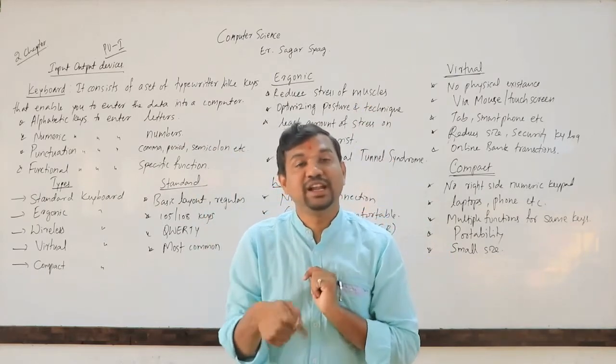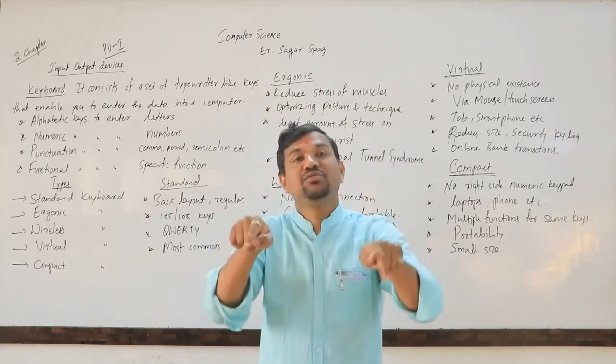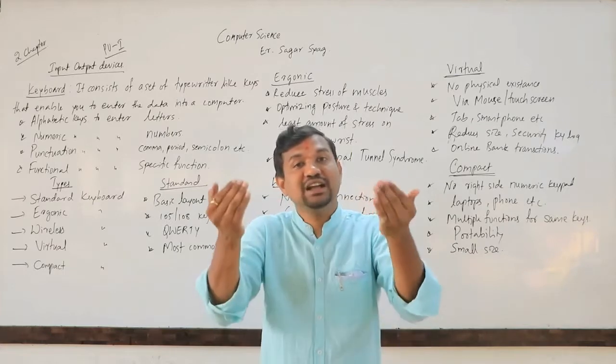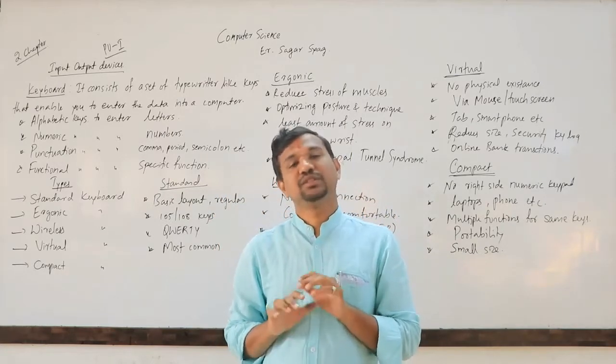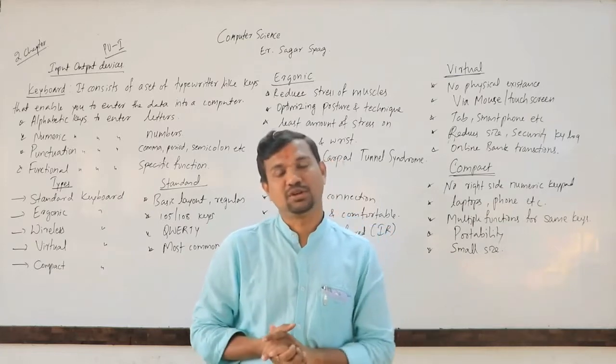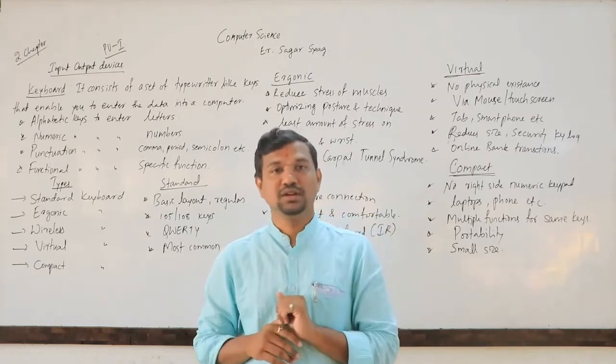So we are feeding data through the keyboard, and through the monitor we are seeing it. That is visible to us. This is all regarding input device and output device.